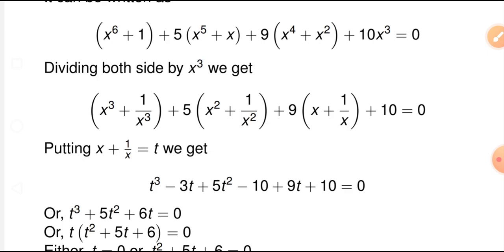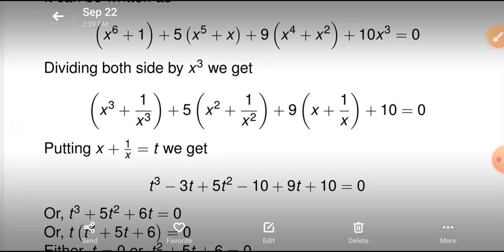So now divide this equation by x power 3, we get x power 3 plus 1 by x power 3, plus 5 into x square plus 1 by x square, plus 9 into x plus 1 by x, plus 10 equal to 0.